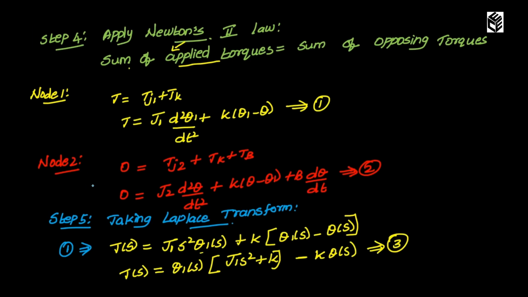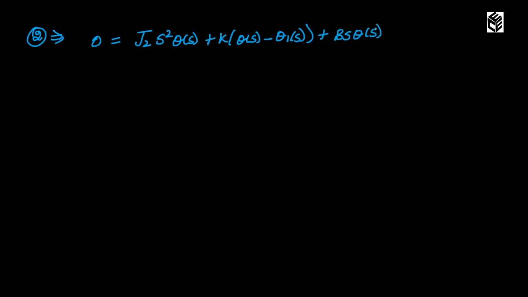I am going to apply the Laplace transform for the second equation. So, the second equation is this. Therefore, 0 is equal to J2 s square theta of s plus K into theta of s minus theta 1 of s plus B s into theta of s. From this I am going to take theta of s as a common factor.